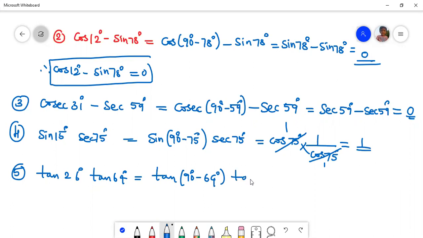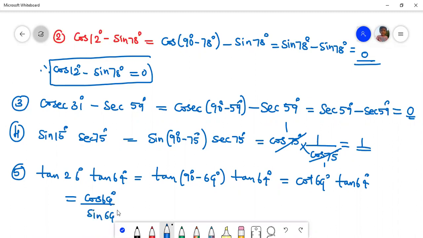The second one is as it is, tan 64 degrees. From the complement angle, tan (90 minus x) degrees is cot x degrees, so cot 64 degrees tan 64 degrees. Cot is nothing but cos 64 degrees by sine 64 degrees. Tan means sine 64 degrees by cos 64 degrees. Cos and sine get cancelled, it is equal to 1.